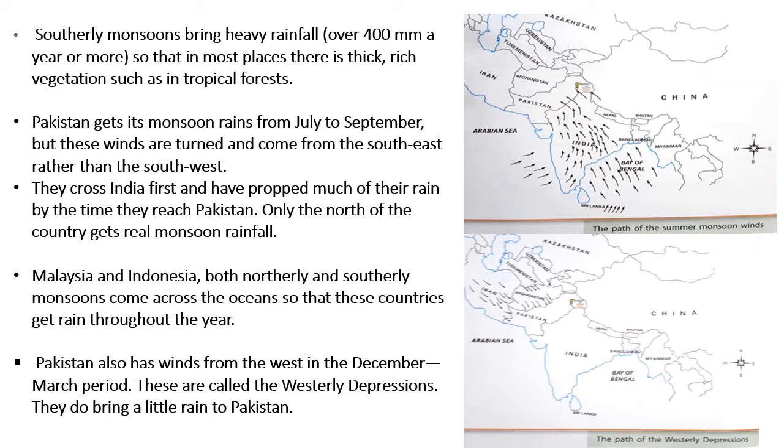They do bring a little rain to Pakistan, but not as much as the ones that come from the south. The reason why these winds are dry as compared to the winds brought during the summer is that they are coming from the dry areas which consist much of mountains and rocks.